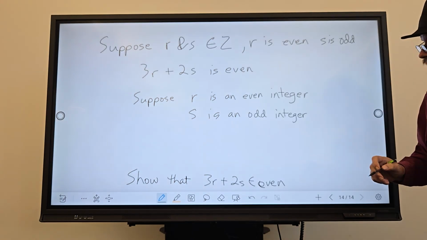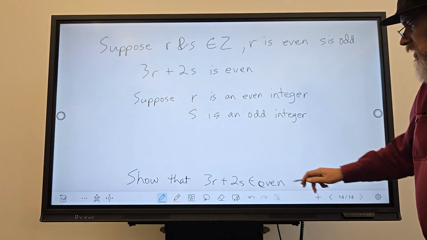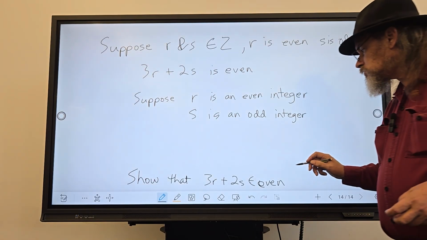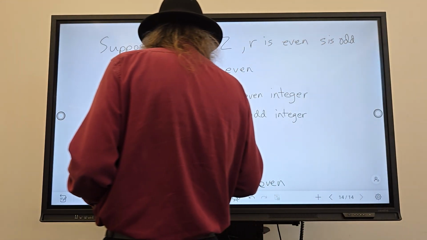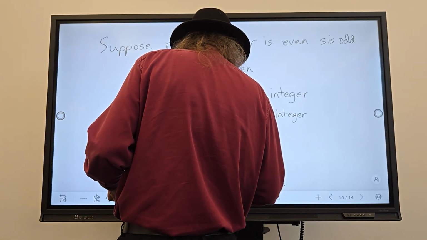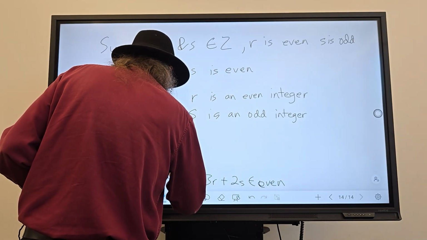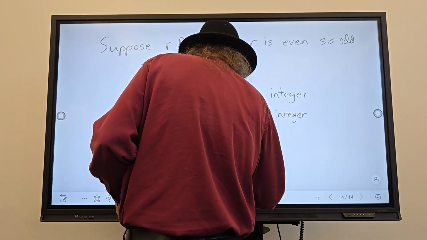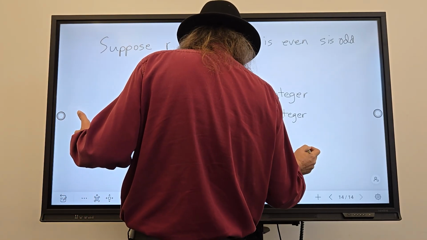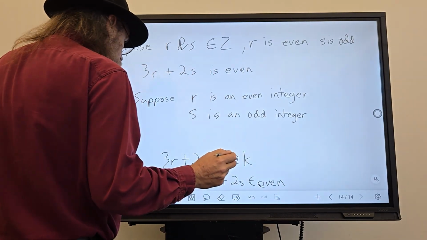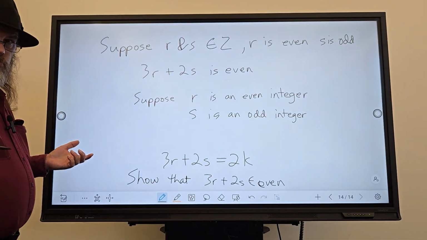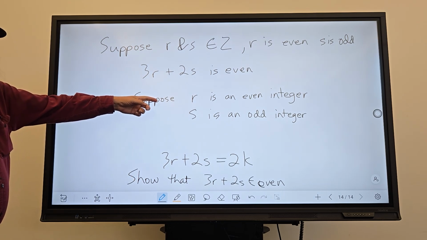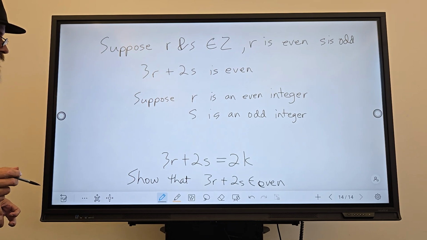So, show that 3R plus 2S is even. What do you need to do for that? You need to show that 3R plus 2S equals 2k. That's working back from the end, not from here.